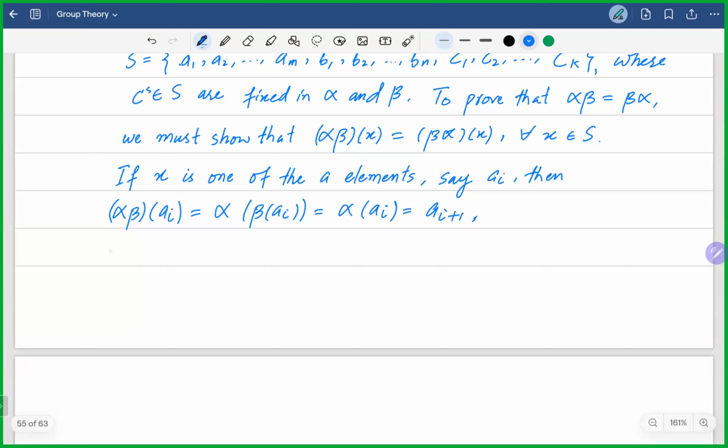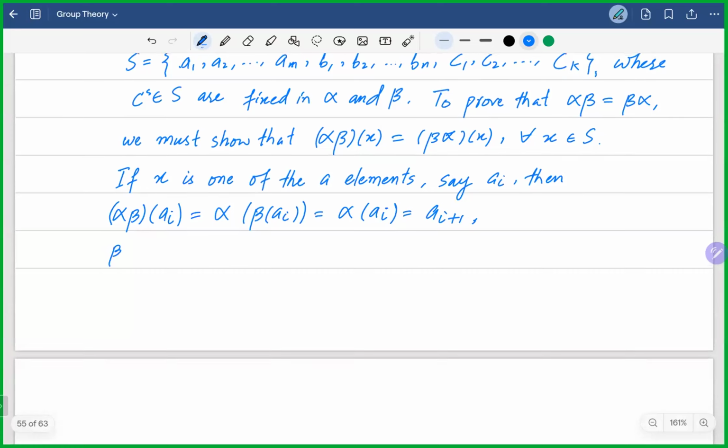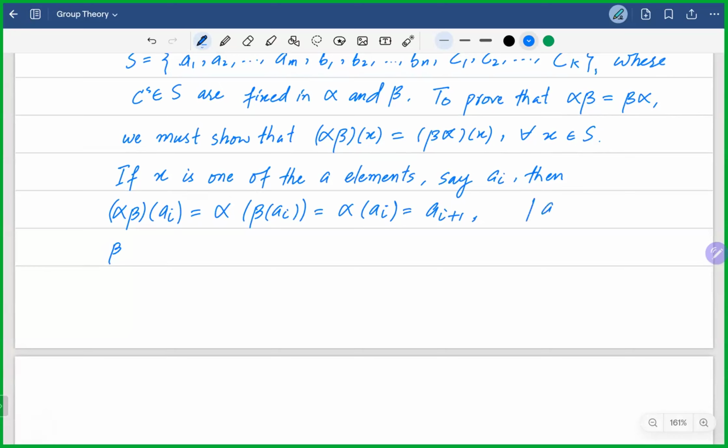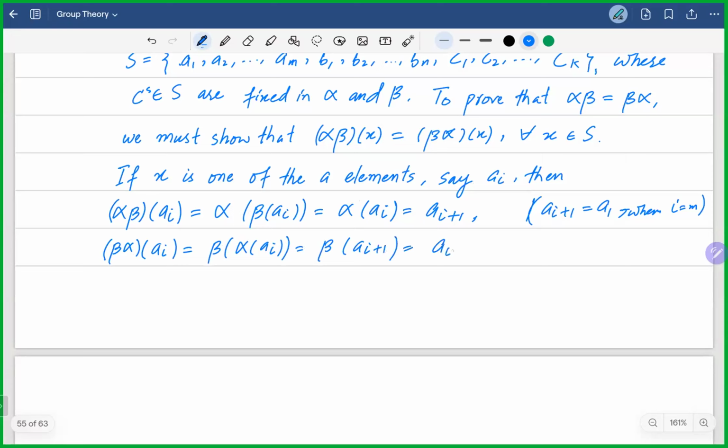So I can write that Ai plus 1 is A1 when i is m. And then beta alpha of Ai is nothing but beta of alpha of Ai, which is beta of Ai plus 1, and that is again Ai plus 1.